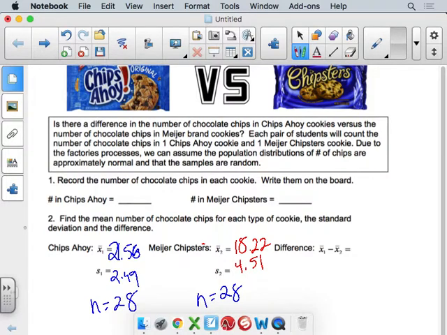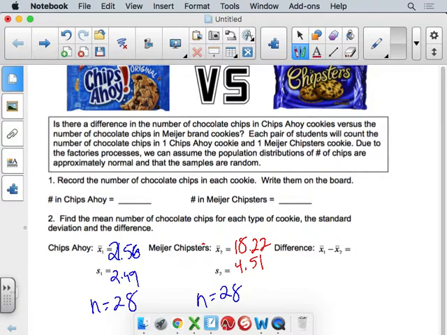So what we're going to do is a confidence interval for the mean difference in the number of chocolate chips in one cookie from Chips Ahoy versus Chipsters. So we're going to see who does more.